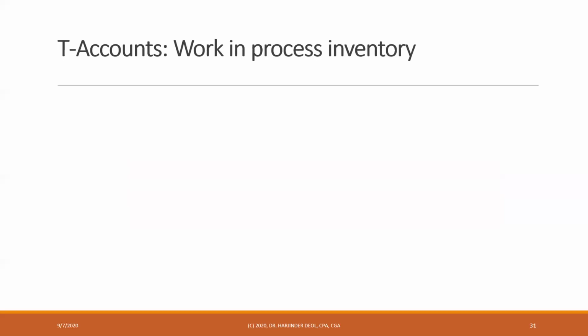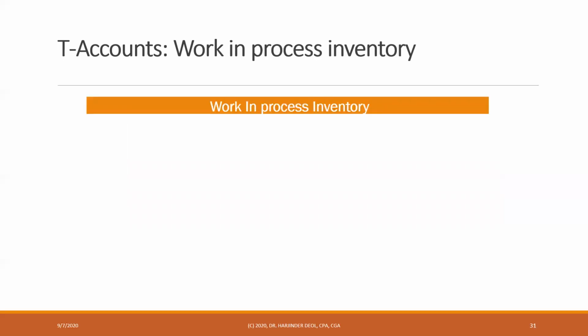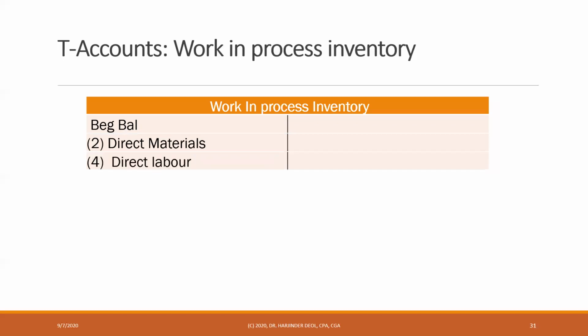Next up, we'll take a look at work in process inventory. Work in process inventory is also an inventory account, so we'll have a beginning balance. Now, to your work in process inventory, you add the various manufacturing costs. And remember, manufacturing costs are direct materials, direct labor, and manufacturing overhead.